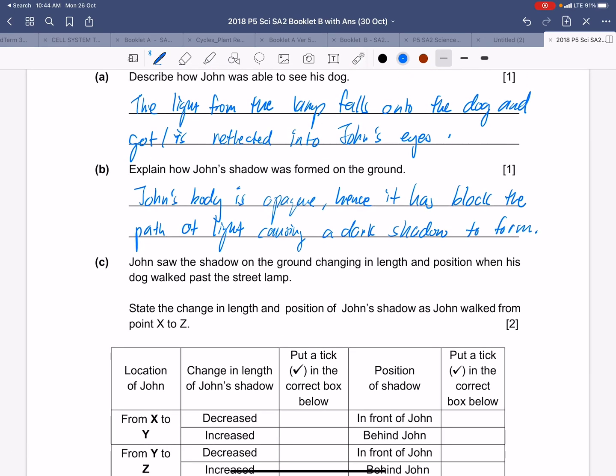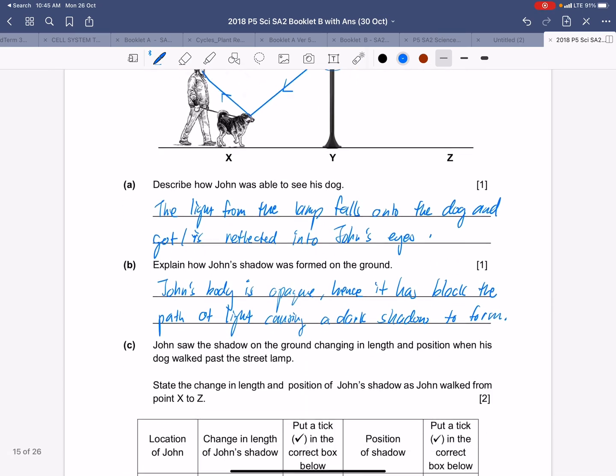John saw the shadow on the ground changing in length and position when his dog walked past the street lamp. State the change in length and position. Now this question is akin to the question about the position of the sun. In this case, what's changing is the position of the object, not the sun.